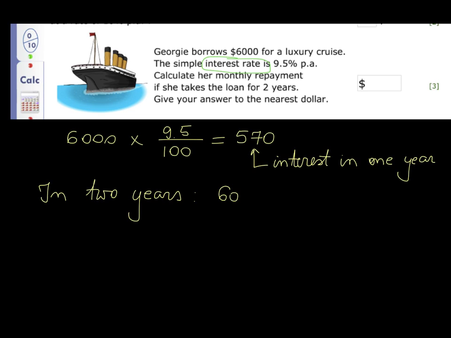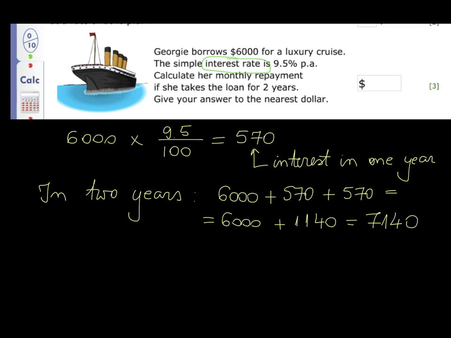He needs to pay back the 6,000, which he borrowed, plus 570 for the first year, plus 570 interest for the second year. Simple interest, so it's the same. These two add up to 1140. So it's 7140. So this is the amount he needs to give back to the bank.